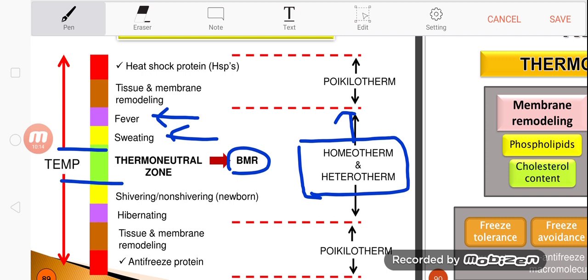Vice versa, when exposed to cold temperature, or the ambient temperature has dropped, the homeotherm or heterotherm starts to shiver the muscle, or if they have BAT, the BAT starts to execute the mechanism to produce a lot of heat in order to balance back the cold ambient temperature.